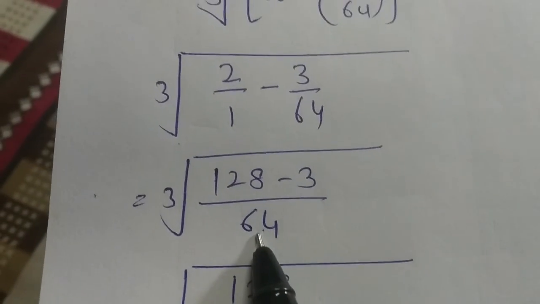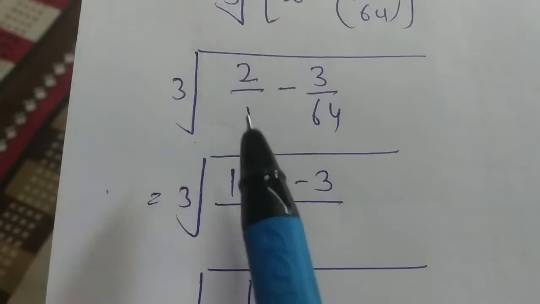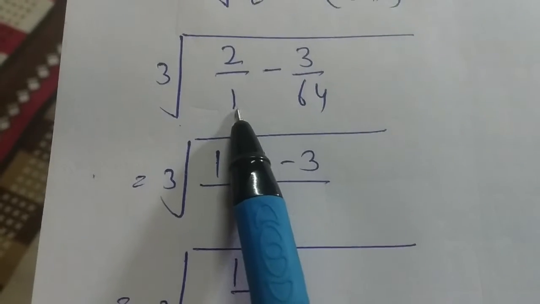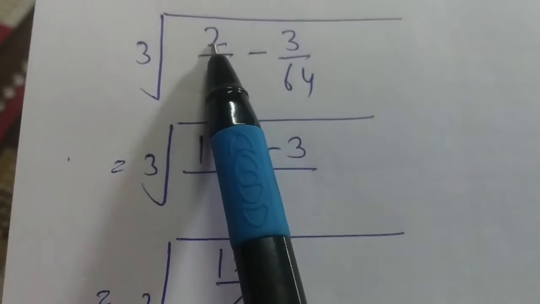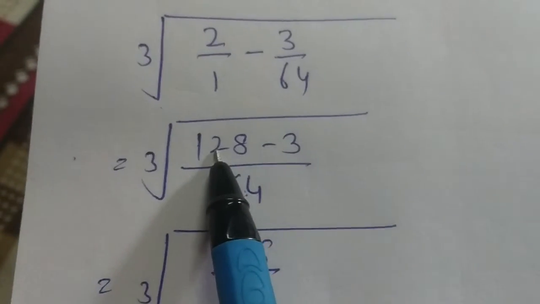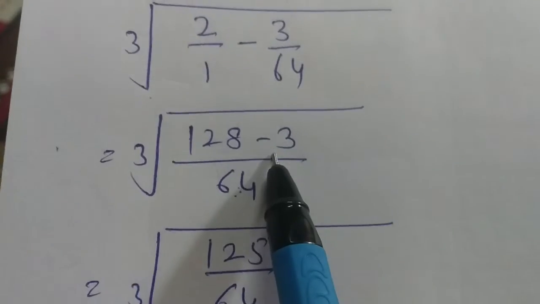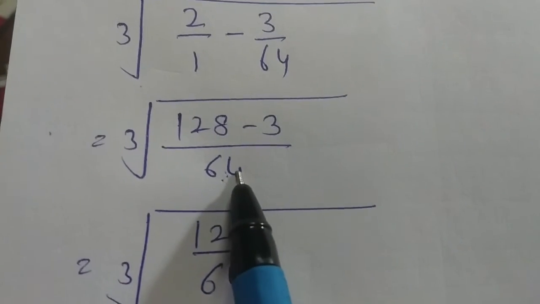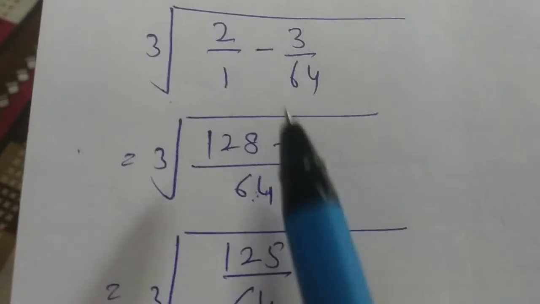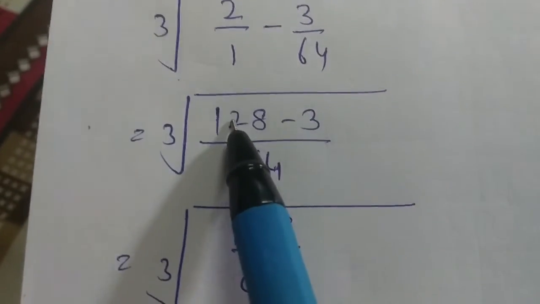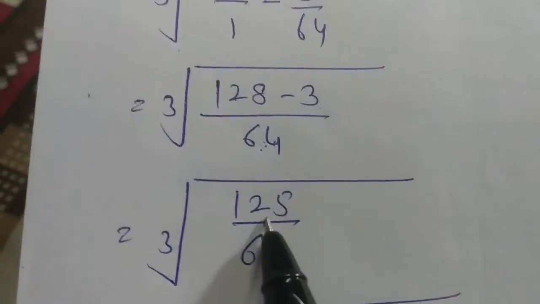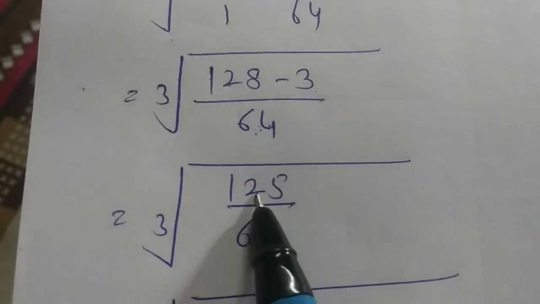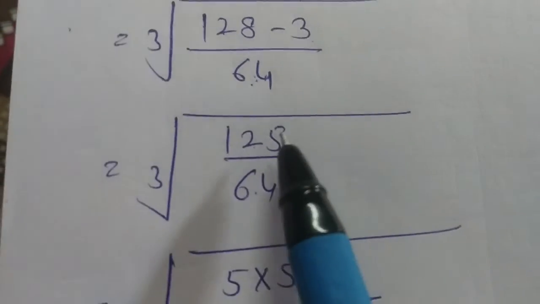Then divide 64 by 1. You will get 64. Multiply 64 by 2. You will get 128. Minus, divide 64 by 64. You will get 1. Multiply 1 by 3. You will get 3. Now subtract these two numbers. You will get 125 over 64.